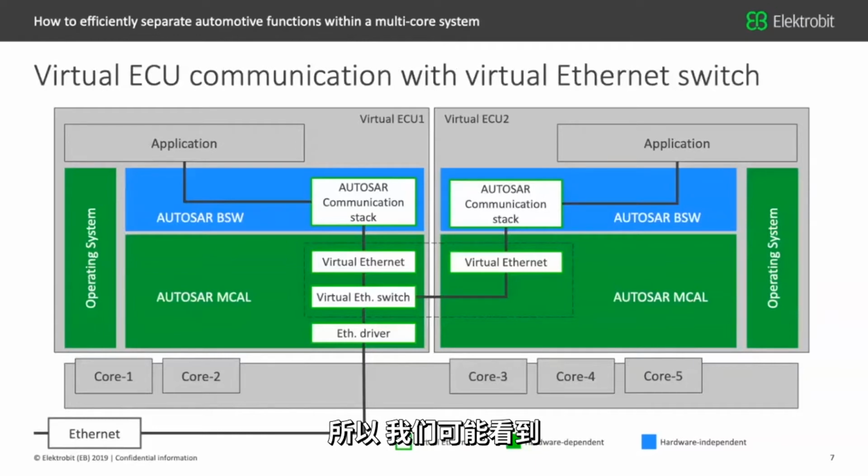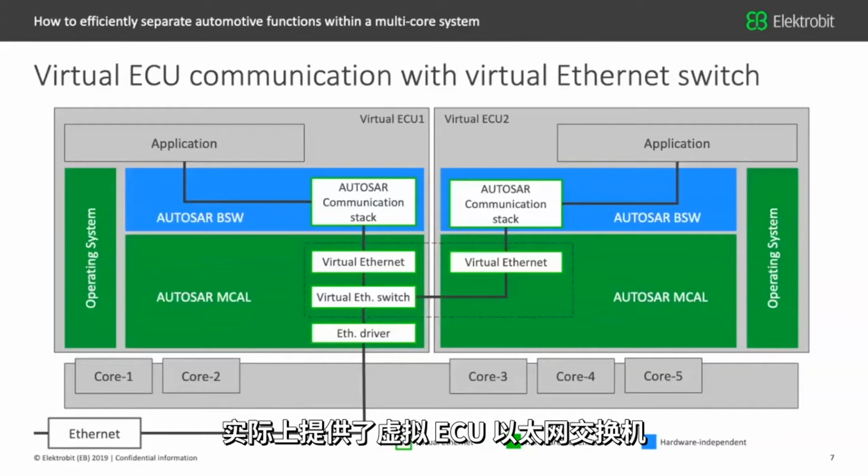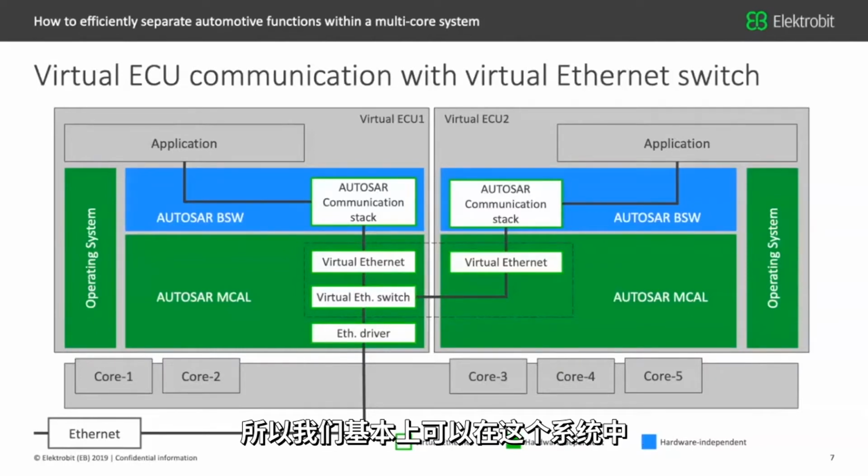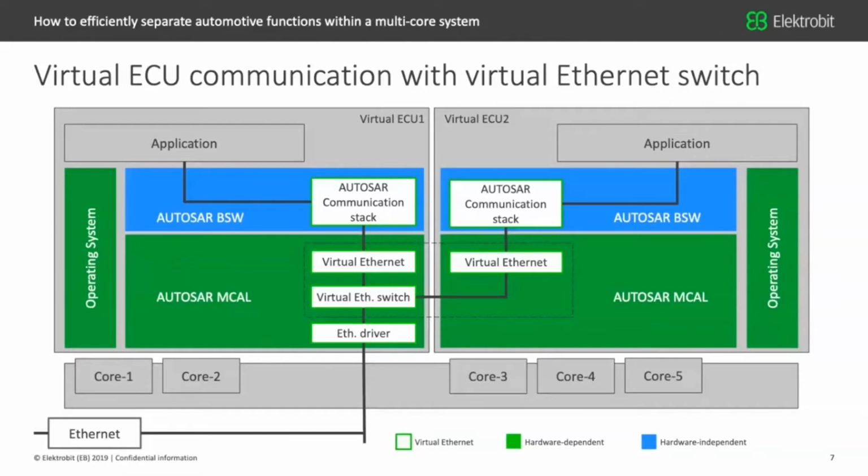What we see here on the virtual ECU 1, which is the communication master, is that it provides the virtual ECU Ethernet switch. So basically what we build up within this one system is a small Ethernet cluster to communicate from one application to another application.